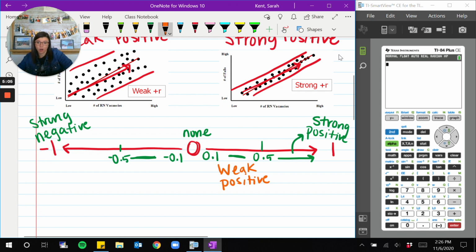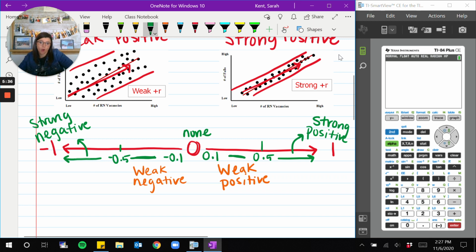So these would be our weak, where they're far apart. And again, our numbers are negative, so the correlation will be negative. And then if it's anywhere from this negative 0.5 going up to 1, this is where we would have our strong negative. So again, the closer to 1, the stronger it is.